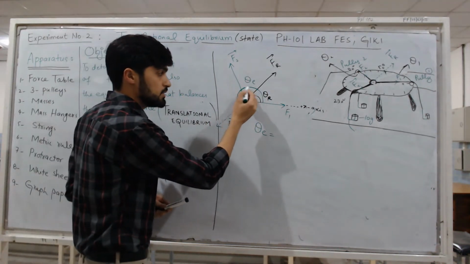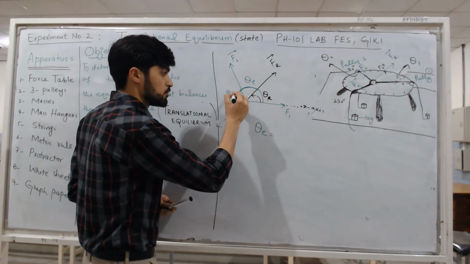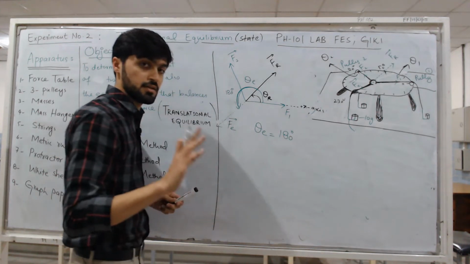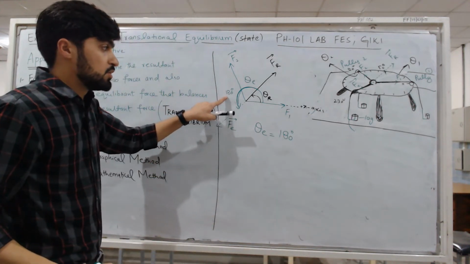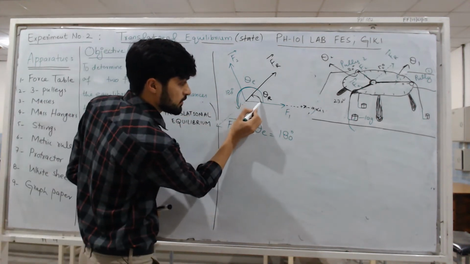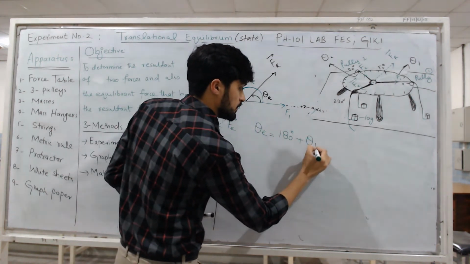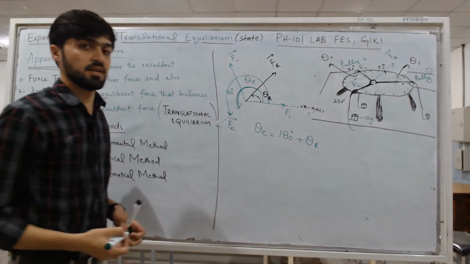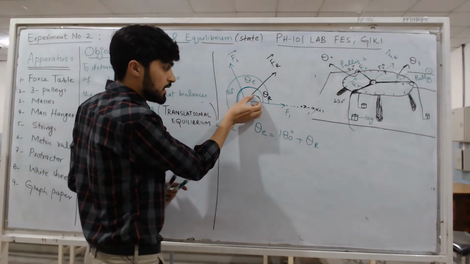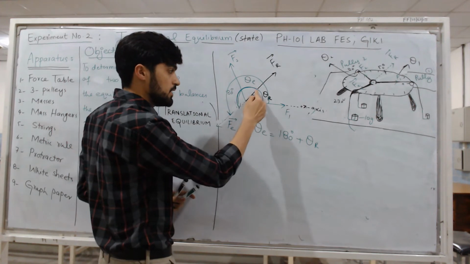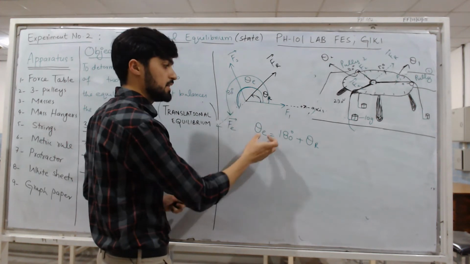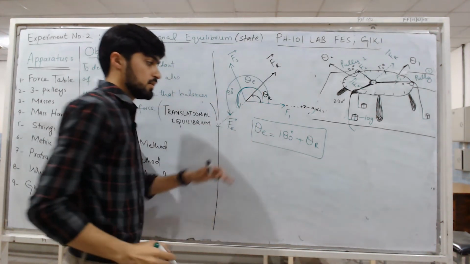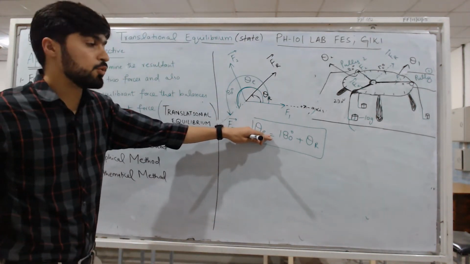So if I add 180 degrees with this theta R, then I will get this complete angle theta E. So this is the way to find the direction of the equilibrium force.